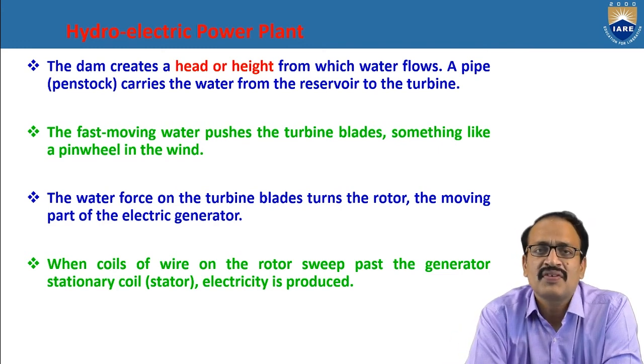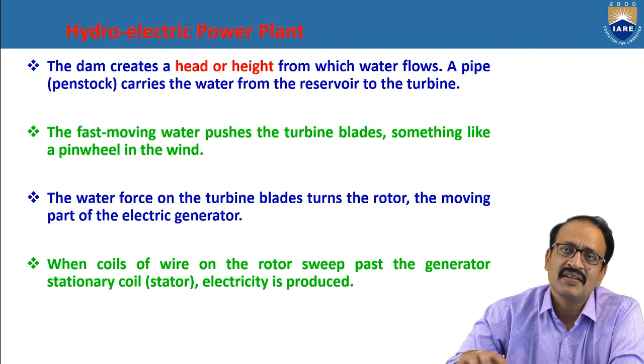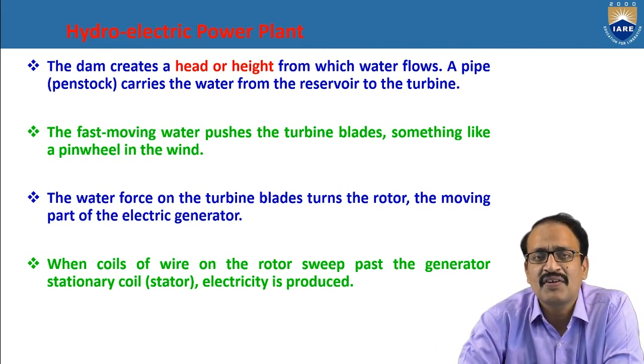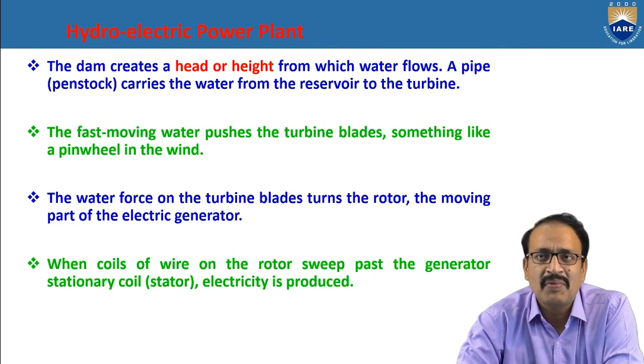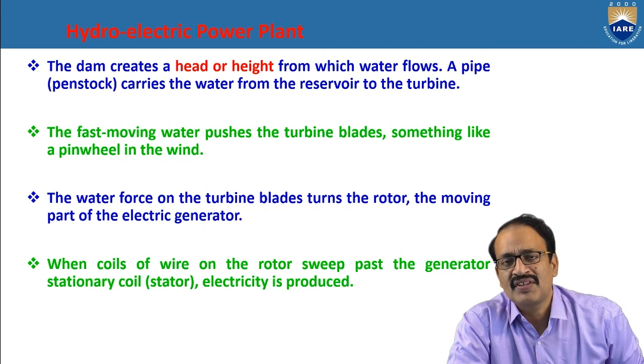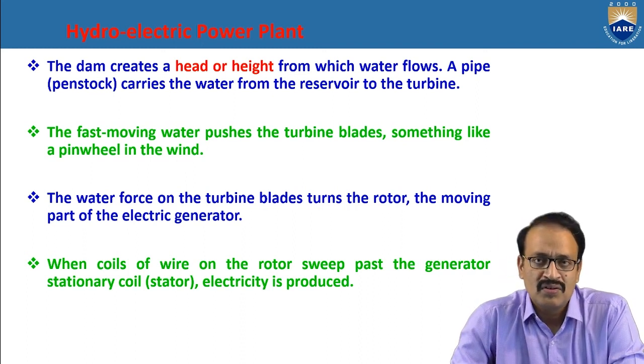There are different types of turbines based on the requirement and the head. The turbine is coupled with the shaft of the generator, and the generator is going to rotate.